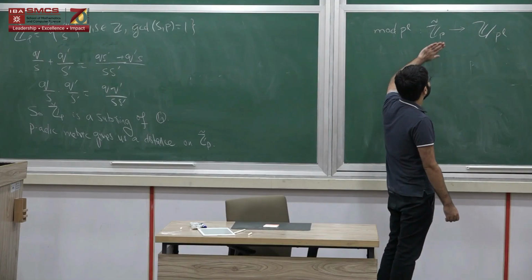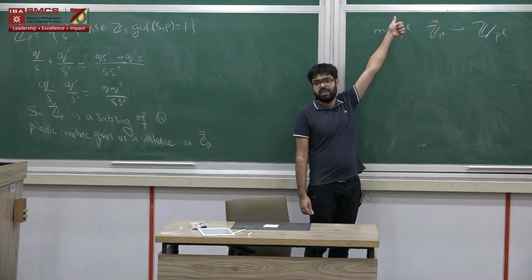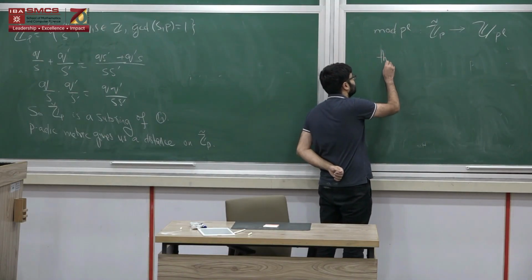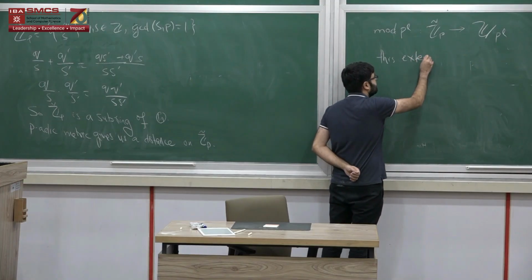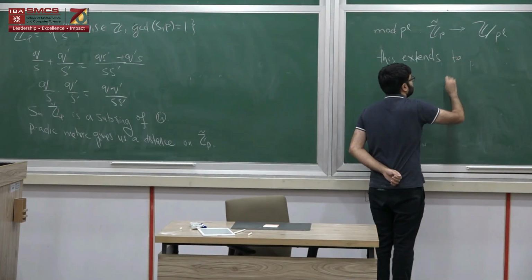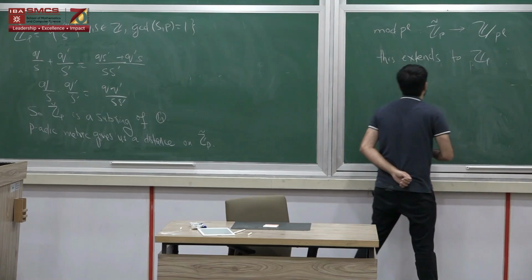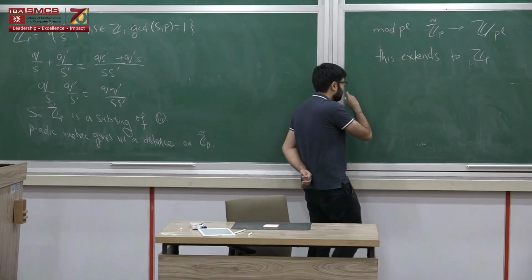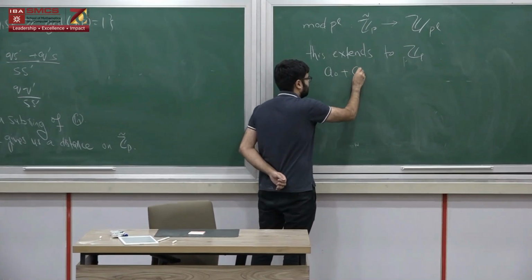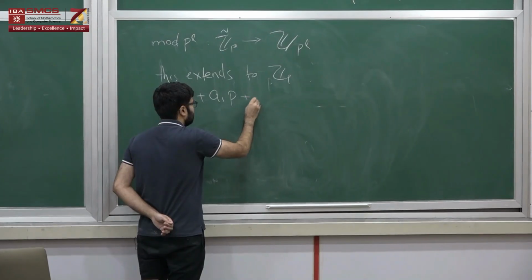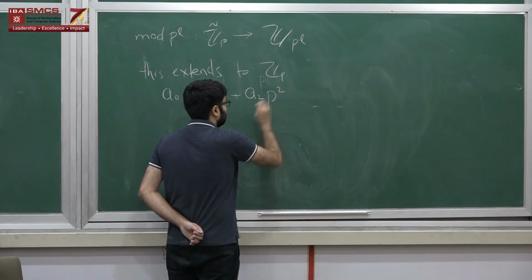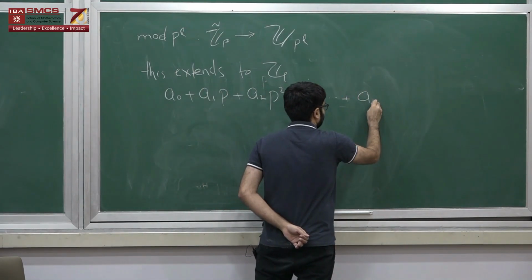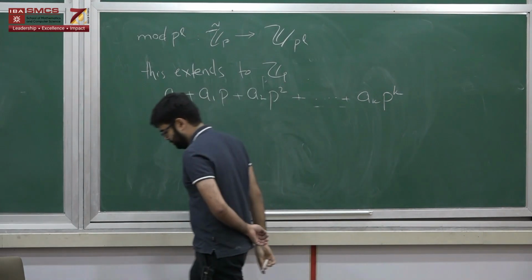So this map extends to a map on Zp in the obvious way, right? How? I have a p-adic number which is a0 plus a1 p plus a2 p squared plus so on, up to ak p^k.